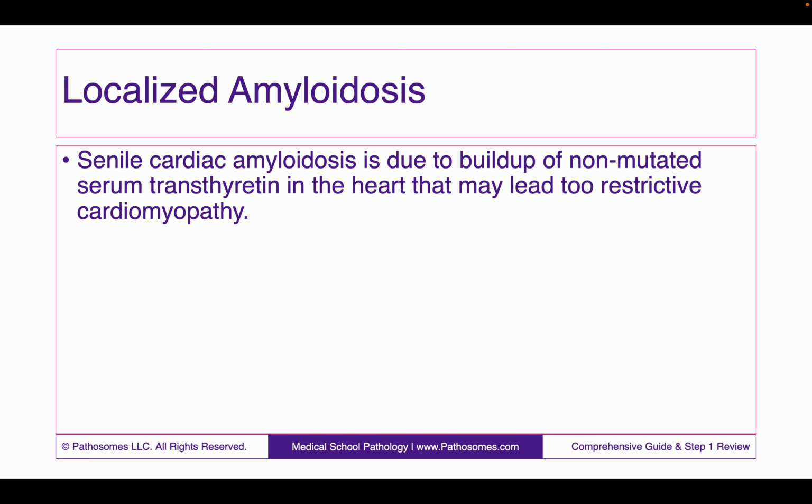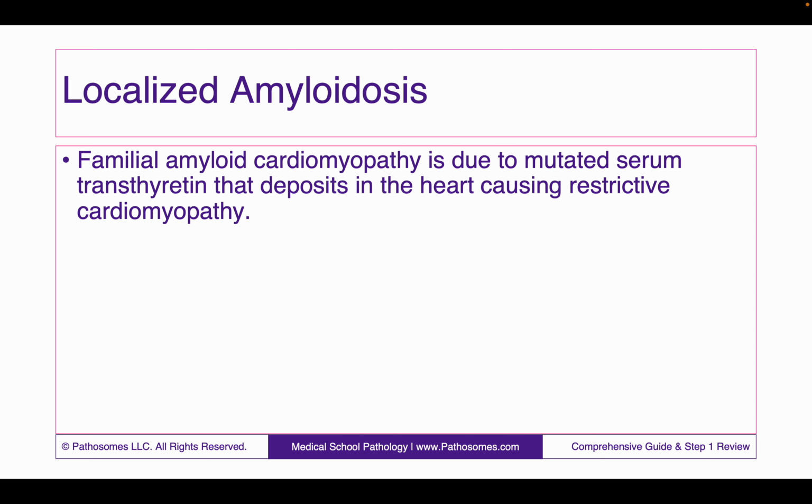Regarding senile cardiac amyloidosis, that is due to buildup of non-mutated serum transthyretin in the heart, and that may lead to restrictive cardiomyopathy. Familial amyloid cardiomyopathy is due to something that would be inherited familially, so it's probably already mutated, right?